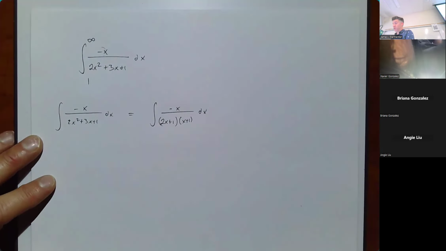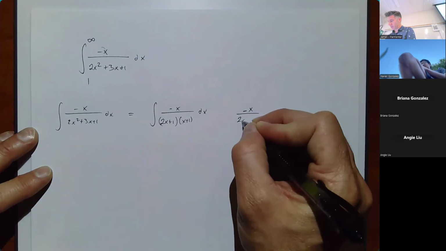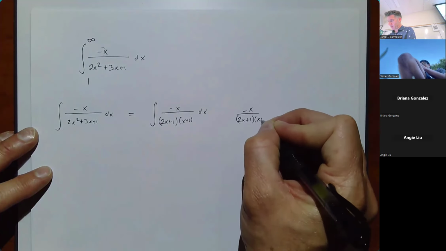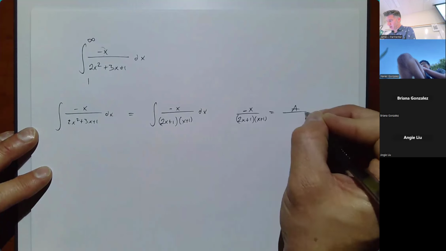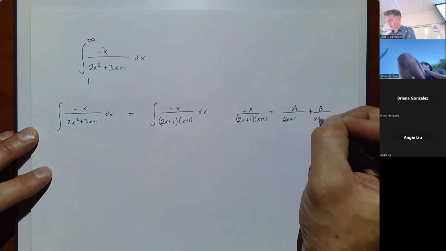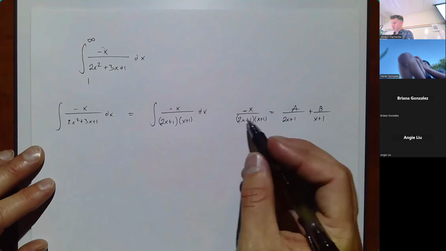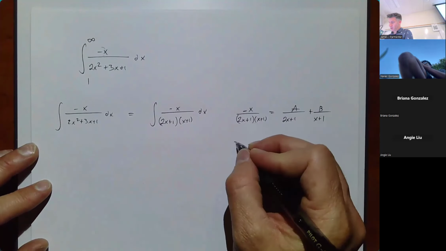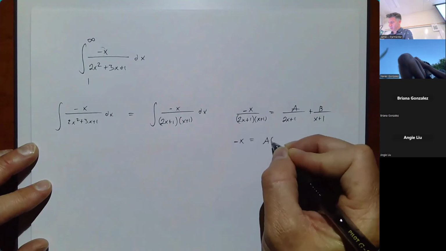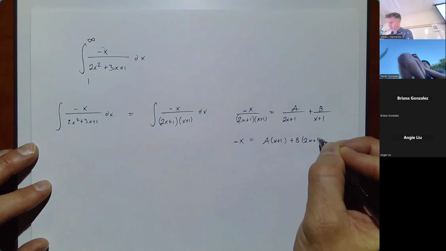And so doing the partial fraction decomposition, we have that negative x over 2x plus 1 times x plus 1 is equal to a over 2x plus 1 plus b over x plus 1. Then multiply both sides by the common denominator. We get negative x equal to a times x plus 1 plus b times 2x plus 1.